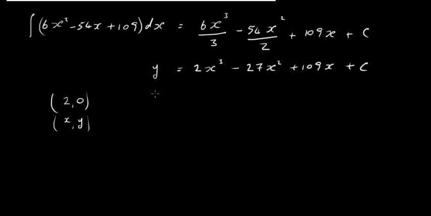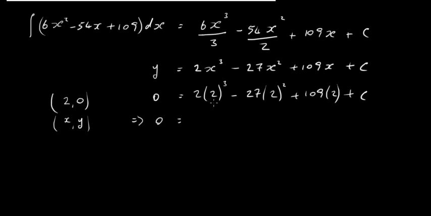We put y equal to 0 here, and we put our 2 in here, so we get 0 equals 2 times 2 cubed minus 27 times 2 squared plus 109 times 2 plus c. So you can see we have everything here except the c, so all we've got to do is simplify all of that. 2 cubed is 8, and 2 times 8 is 16, so we get 16 here.